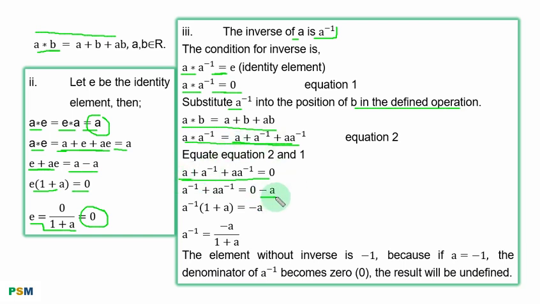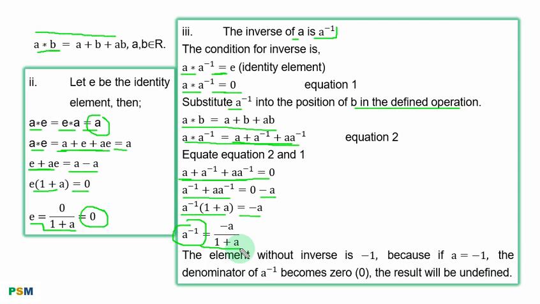It becomes minus, while you have these two terms on the left. If you factor out A inverse, you are left with this result equal to minus A. To get A inverse, divide both sides by 1 plus A. You have it in this form.